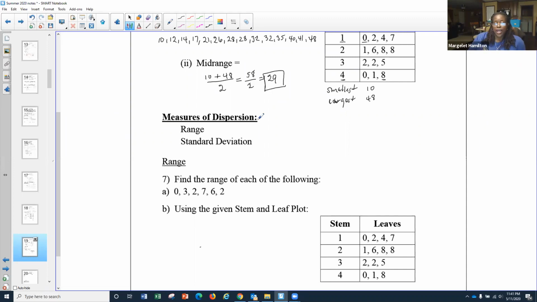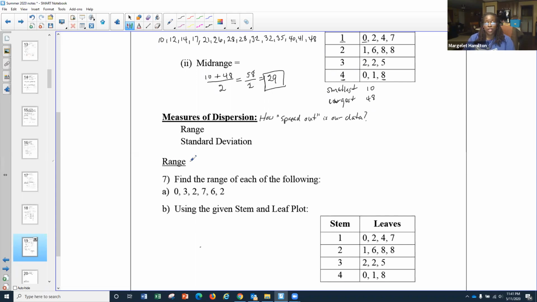So now we're looking at how our data is spread out, okay? We're only going to look at range and standard deviation. Okay, so here we are, the range.